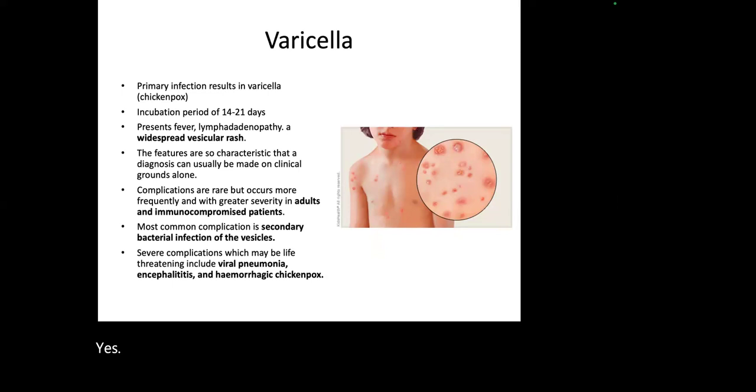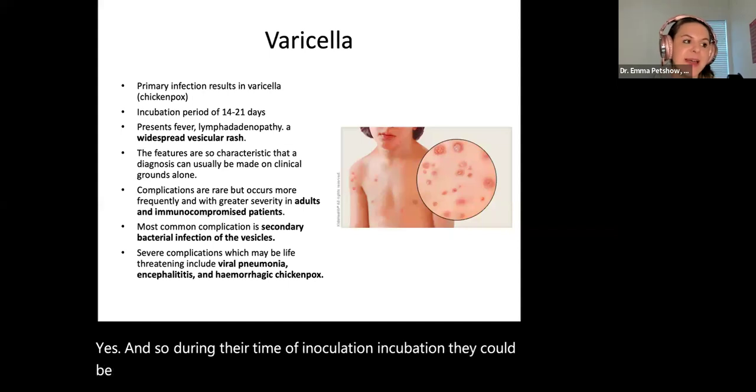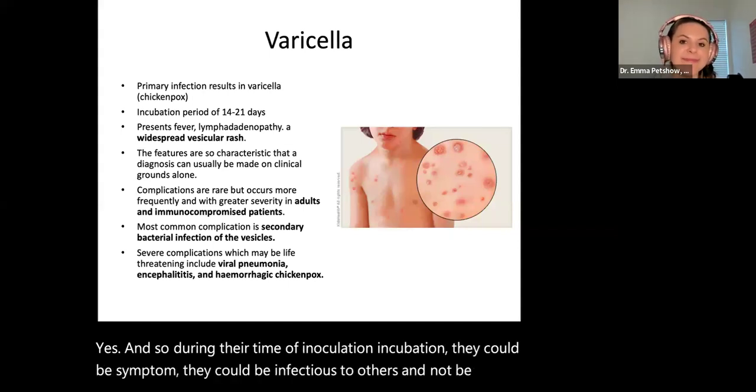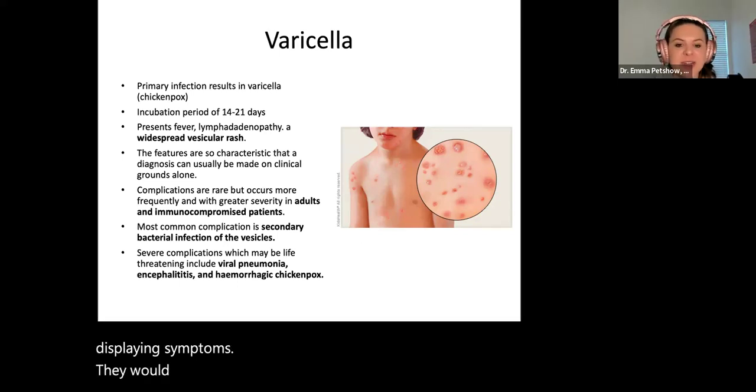Okay. Yes. And probably during their time of inoculation, incubation, they could be infectious to others and not be displaying symptoms. Okay. And then once they are displaying symptoms, how long does that usually last? And are they still contagious and infectious during that time period as well? They would be considered contagious and infectious during that time as well.